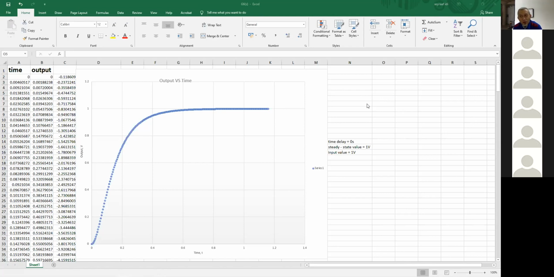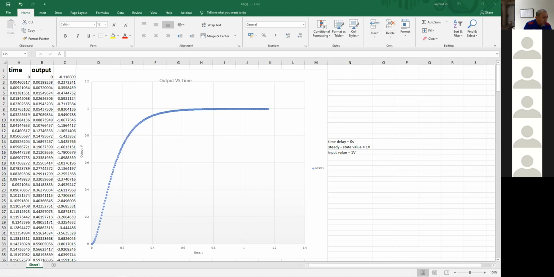First you find the settling time. Then you estimate zeta. Your zeta is about 0.8. And find the second order transfer function.